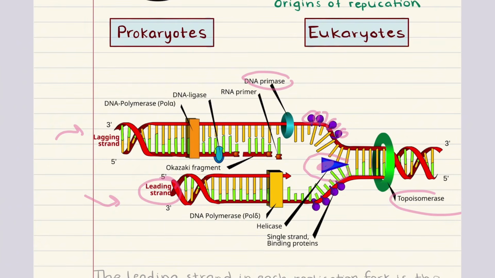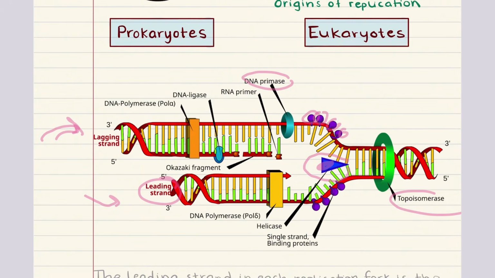Meanwhile, the other template strand, the lagging strand, is oriented in the 5' to 3' direction, which is opposite to how DNA polymerase operates. So for the lagging strand, we can't synthesize the new strand in a continuous manner. Instead, it's built in short fragments known as Okazaki fragments. Here's how this works.